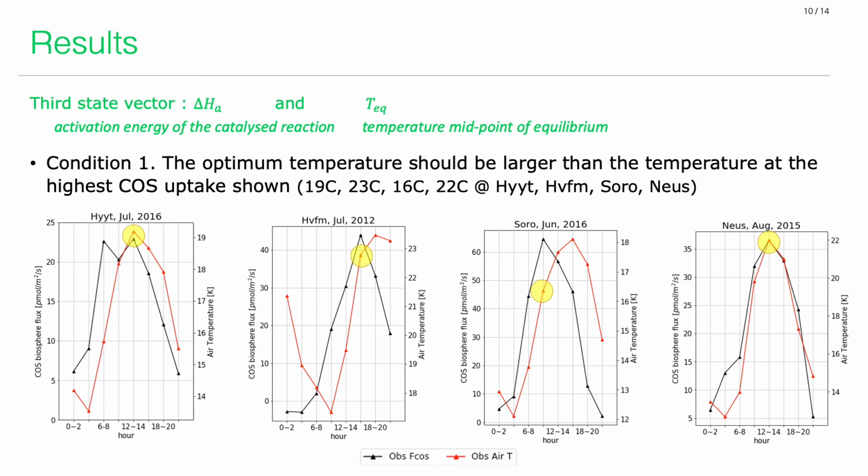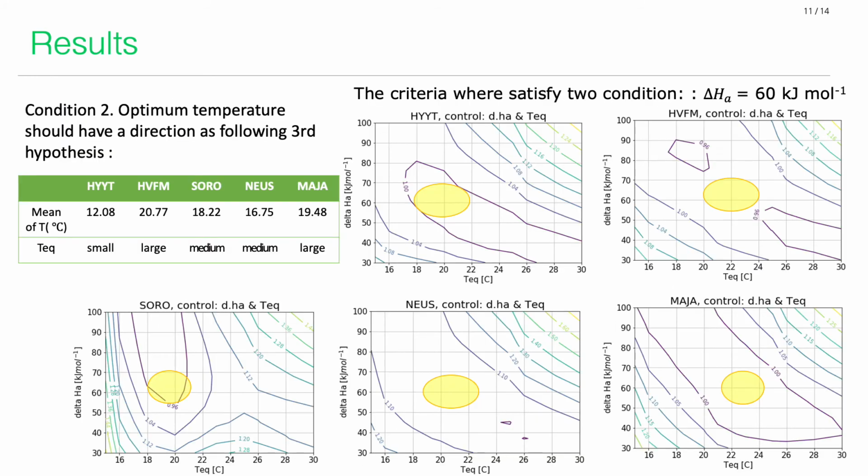The key point is that we are looking for where the optimum values of the COS uptake are. These yellow circles represent where it has, and these values had a range of temperature. So the optimal temperature should be larger than this range of the temperature.